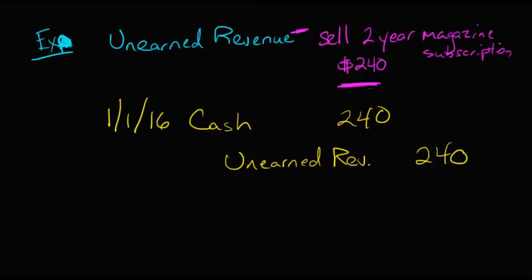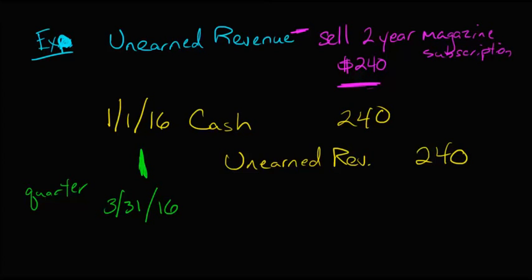So now it's, let's say, the end of the quarter, March 31st, 2016, and your boss says, look, it's the end of the quarter, and we have to make some kind of entry to reflect the fact that 3 months have gone by.